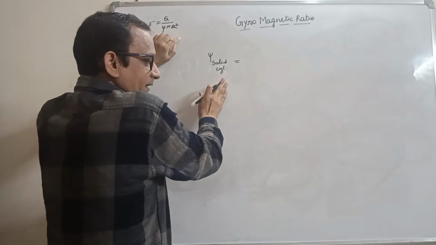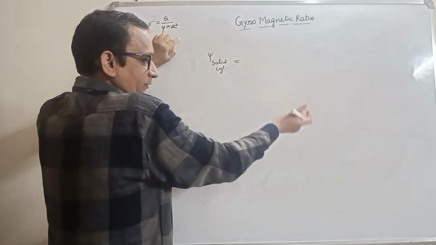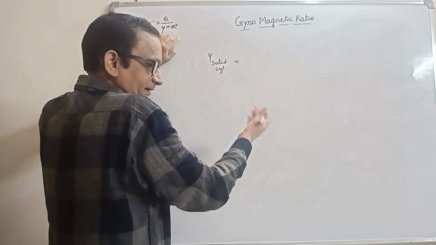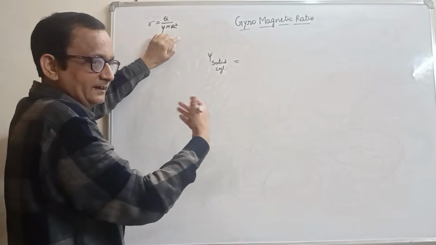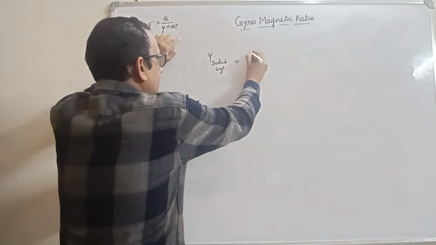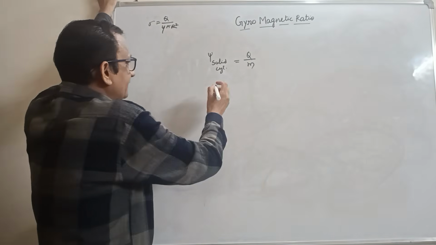You know that charge and mass are not symmetrically distributed, because the whole charge resides on the surface. So mass is three dimensionally distributed, but charge is two dimensionally distributed. So this is not equal to q by 2m. This would be q by m. So we get the result here.